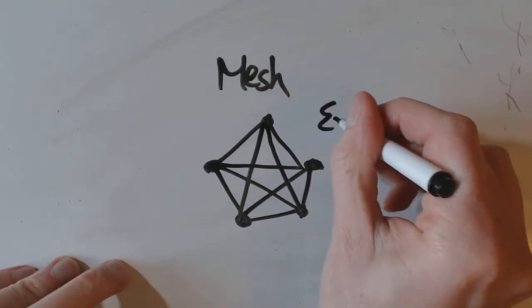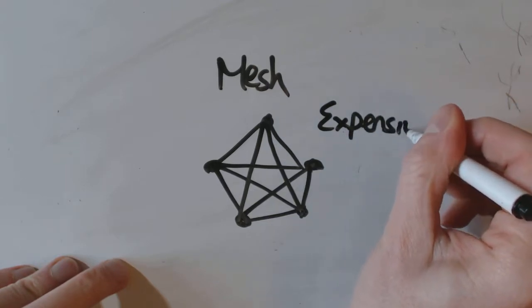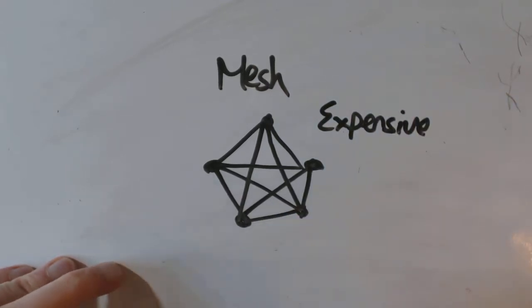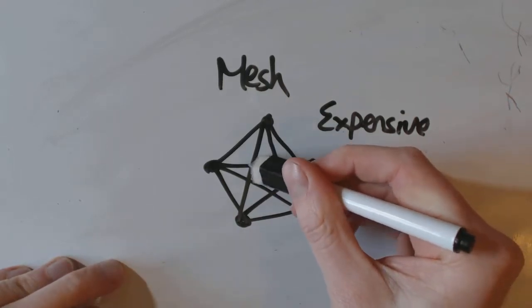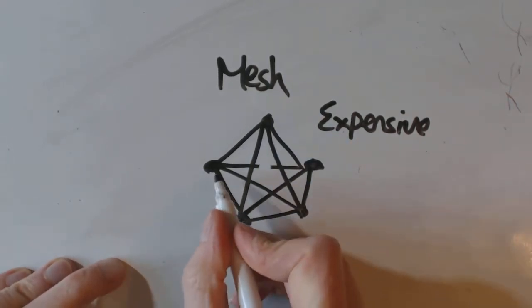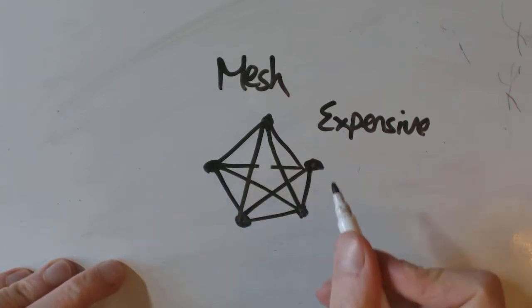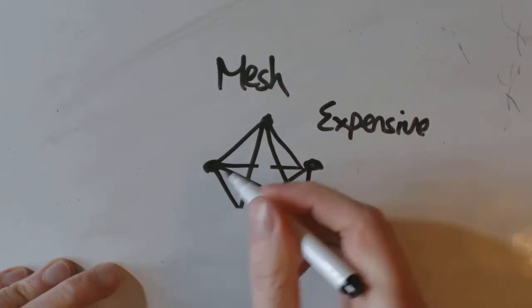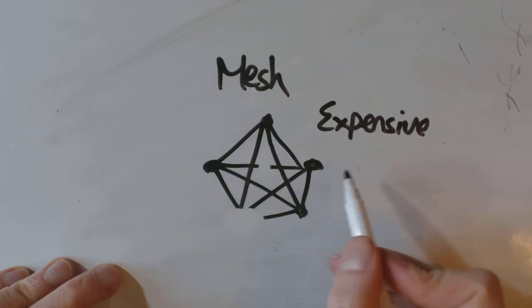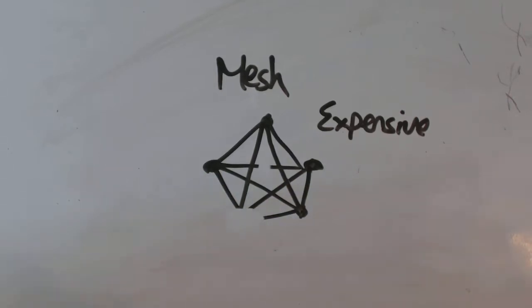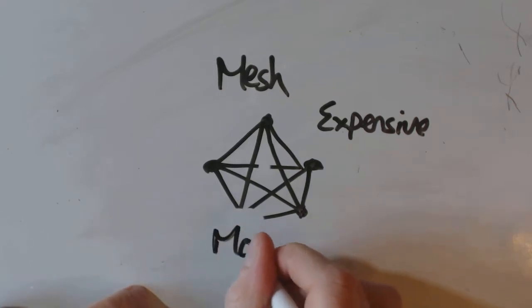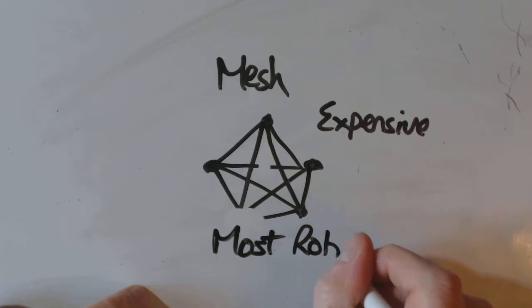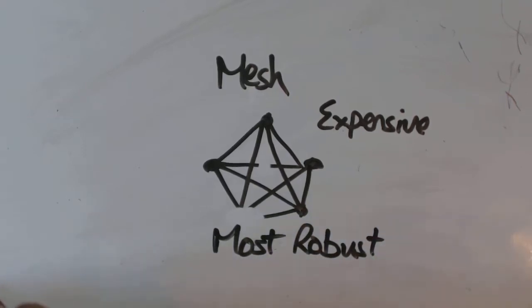It's the most expensive one because you're having to pay for all these connections, but it's the most robust because if a channel fails, the traffic just gets routed through another channel to get to the node, and if a node fails, there are other options for the traffic to go from one node to another. So it's most expensive but the most robust. The ring one's the least robust and the mesh one's the most robust.